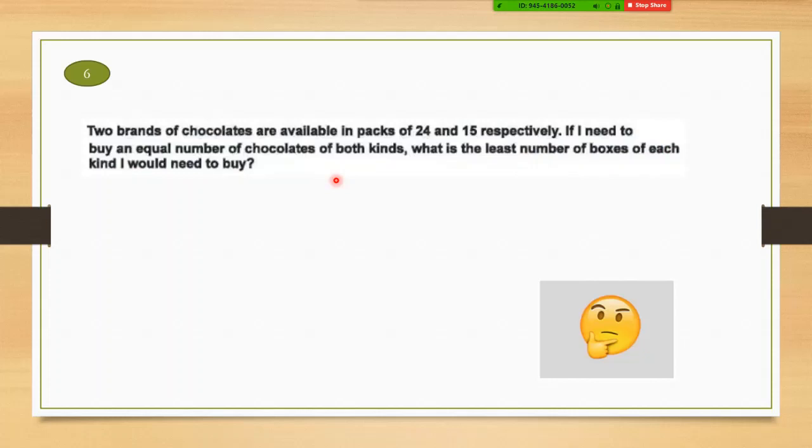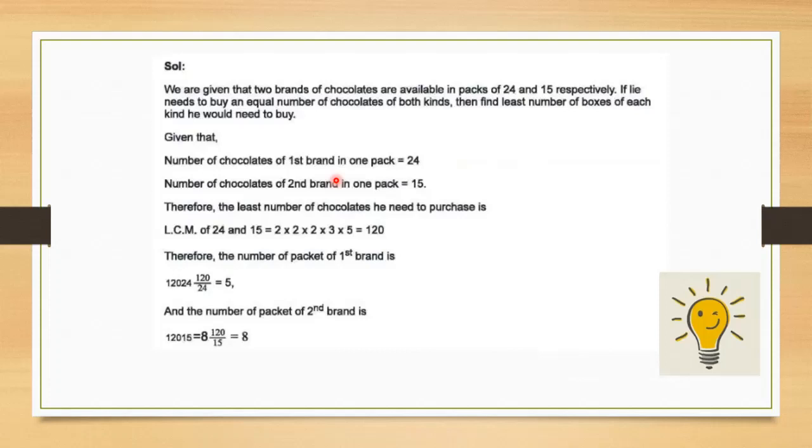What is the LCM of 24 and 15? 120. LCM is 120, children. So how will you find it for each box? LCM is 120, but they're asking you for each box, how many boxes? 120 divided by 24, 120 divided by 15.